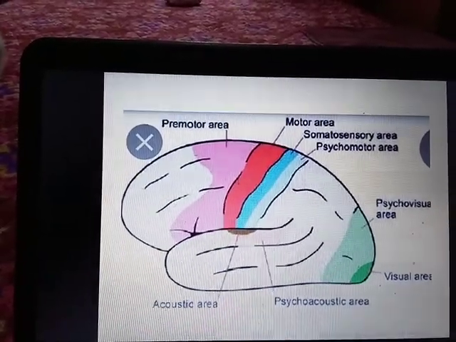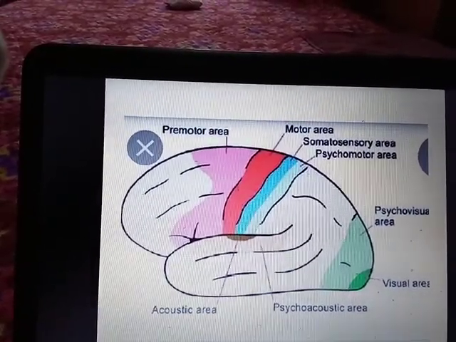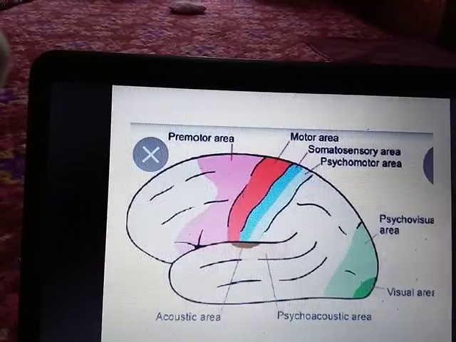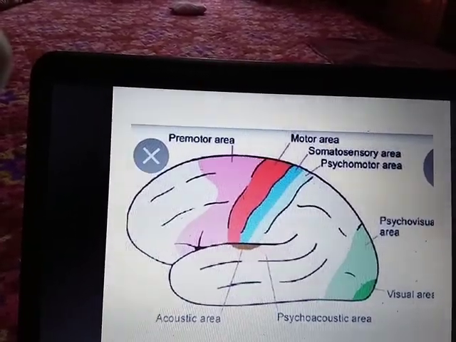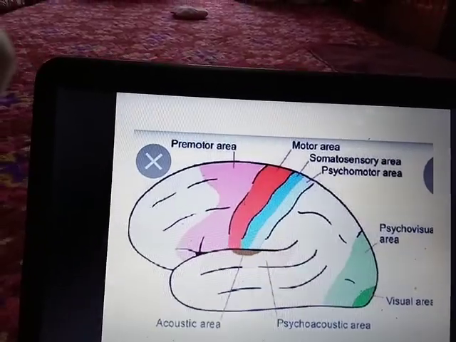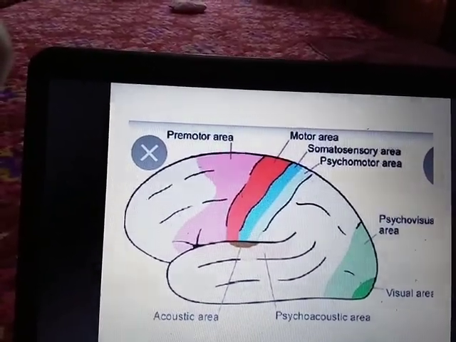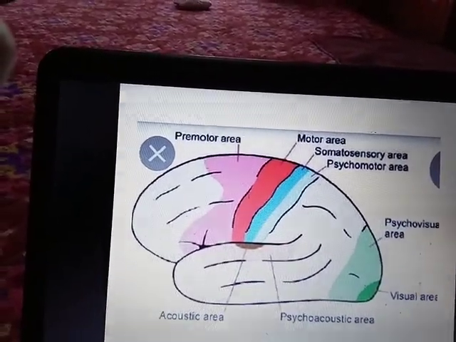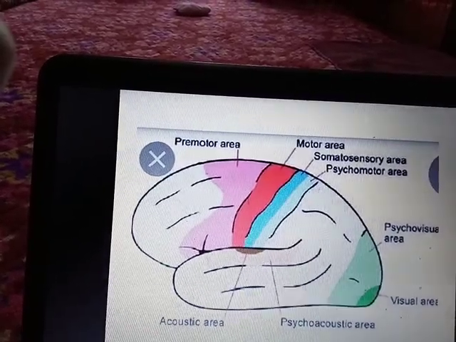Then you have another motor area, the supplementary motor area, that aids the main motor area in its functioning. After that comes your frontal eye field.